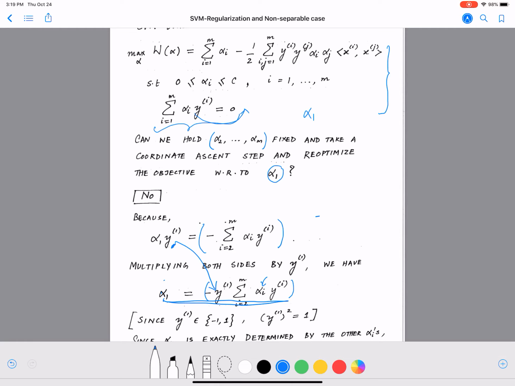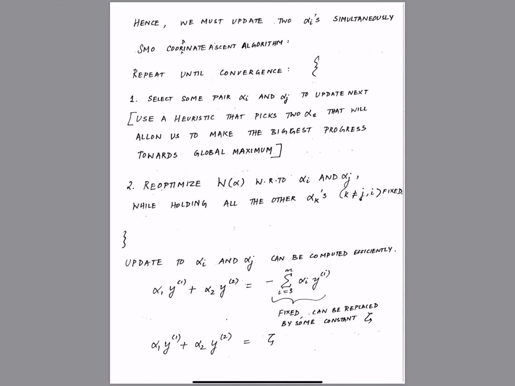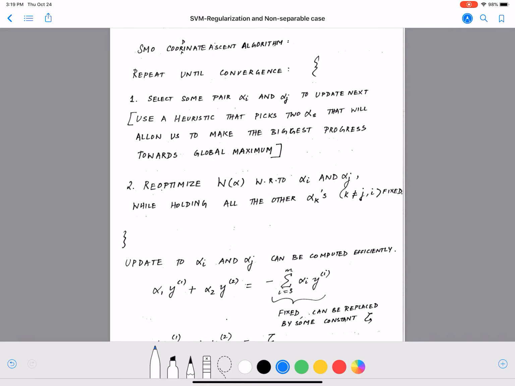We could make some minor modifications and still apply coordinate ascent. How do we do that? We just make a very simple modification. Instead of updating one alpha i, we update two of them at the same time. This is called the SMO coordinate ascent algorithm.